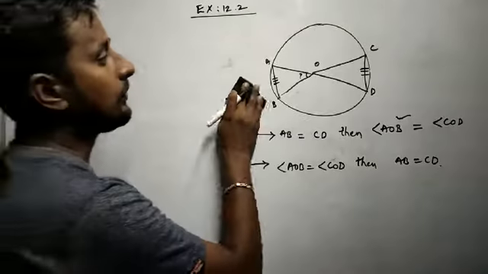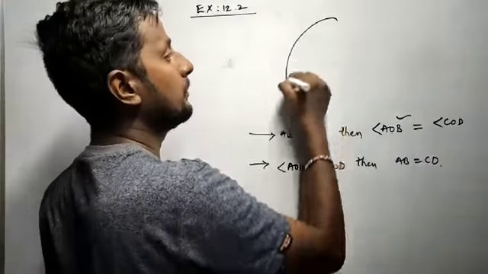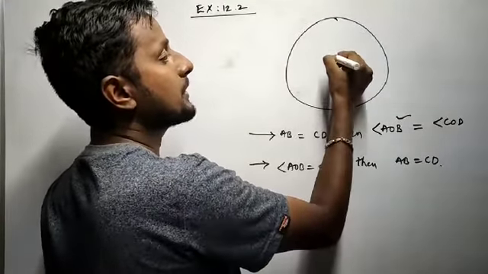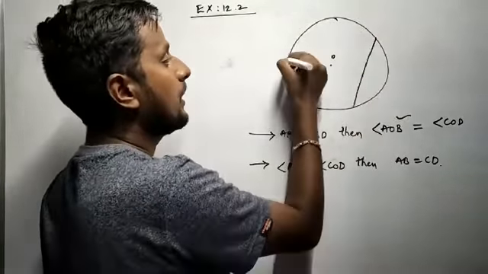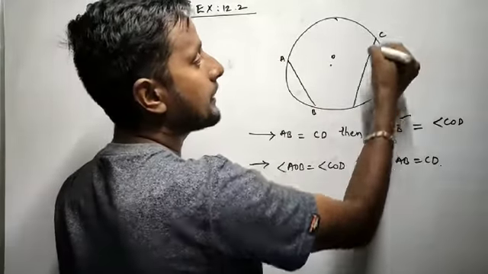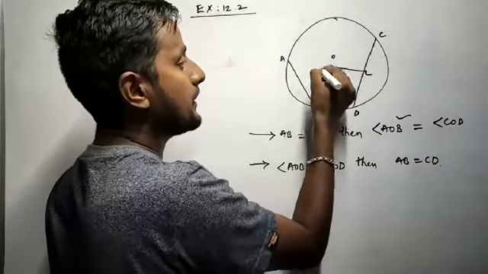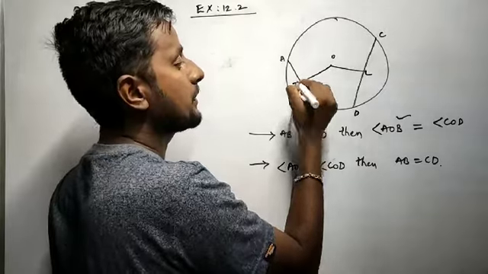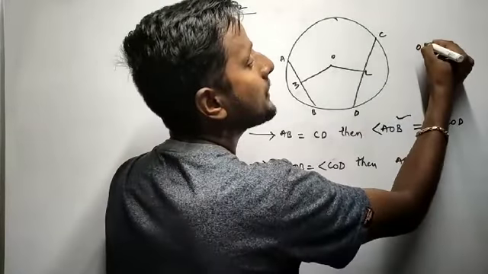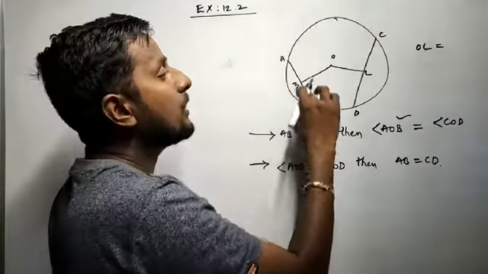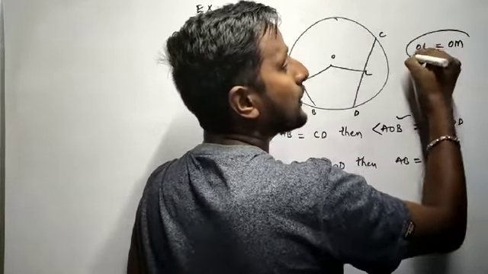And next, take a circle with center O, with a chord AB and another chord CD. The CD chord is placed at a certain distance from the center, which is OL, and the AB chord is at distance OM.